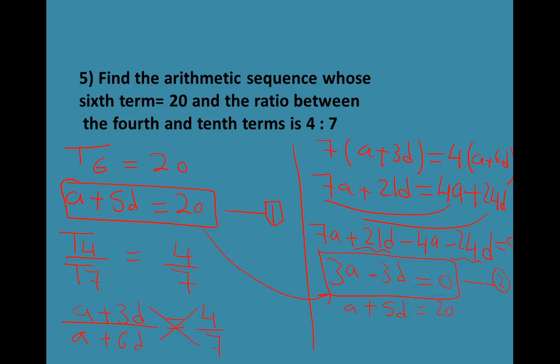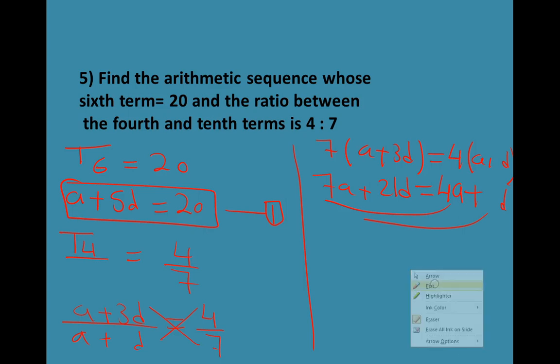I'll erase T7, it's a T10, which equals A plus 9D.